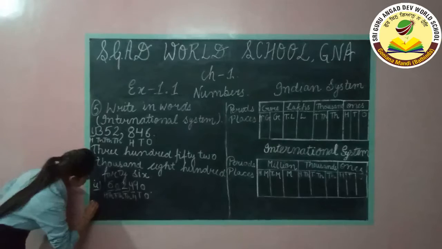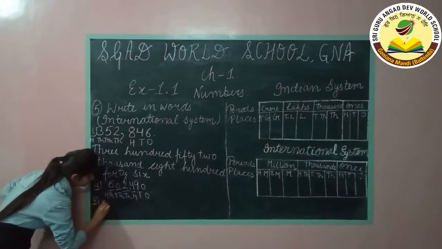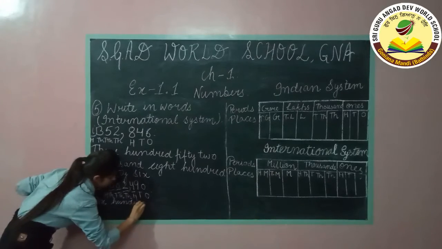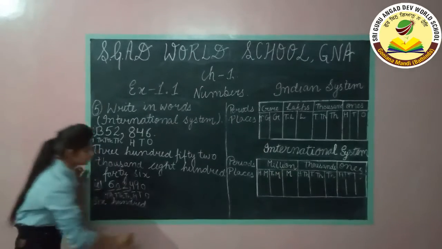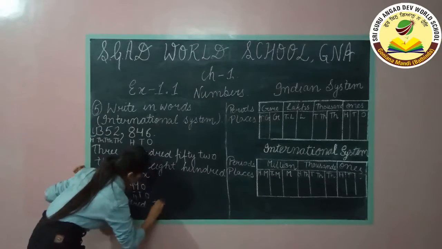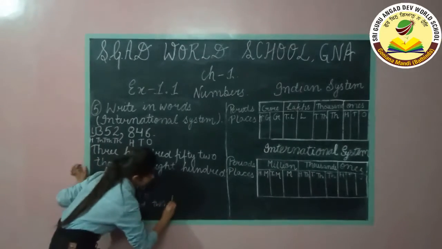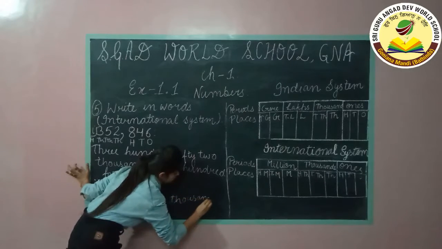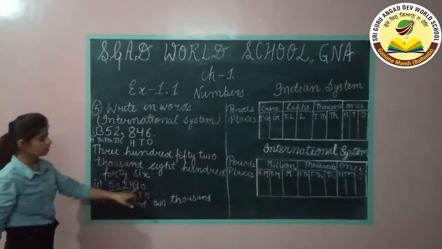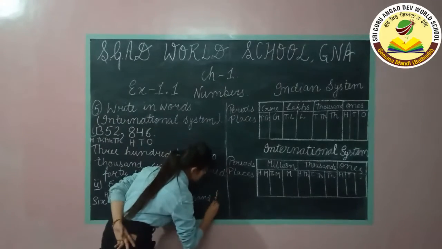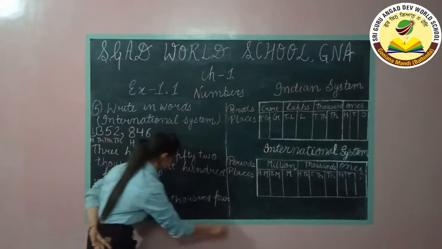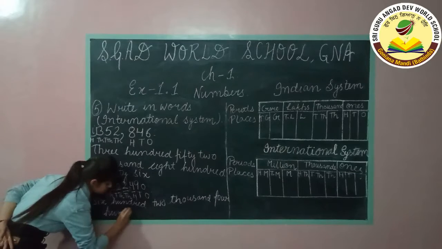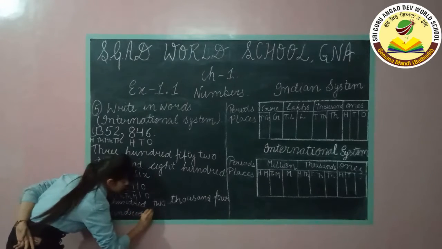We write it as 602. That's in the period of thousand. We write it 1000. Then 490. We write 490.